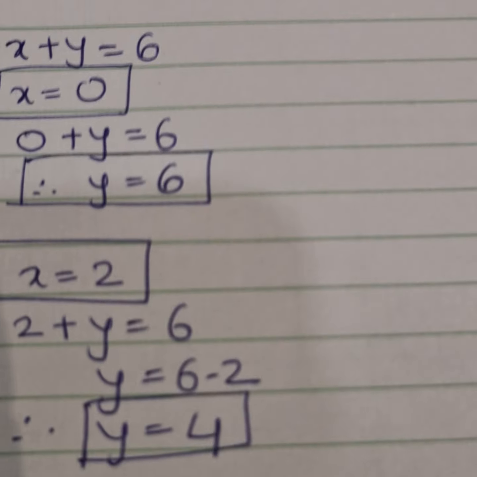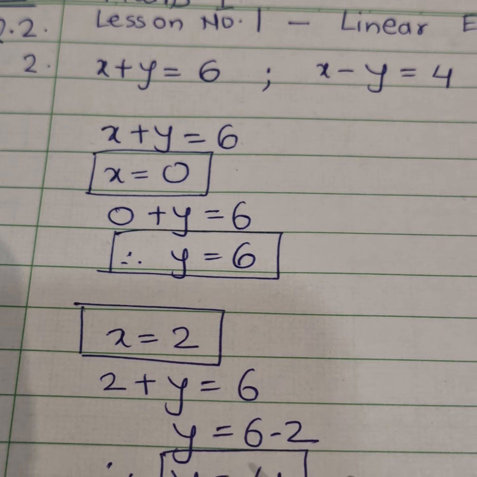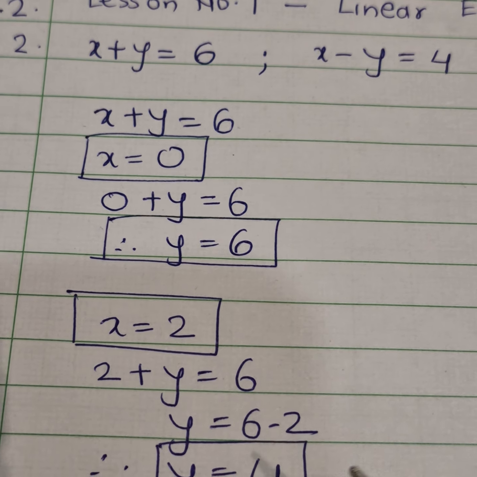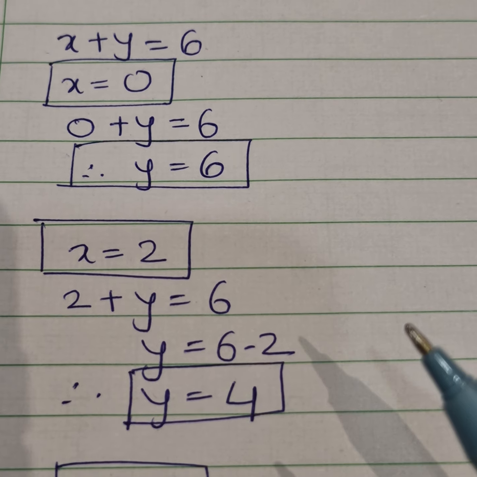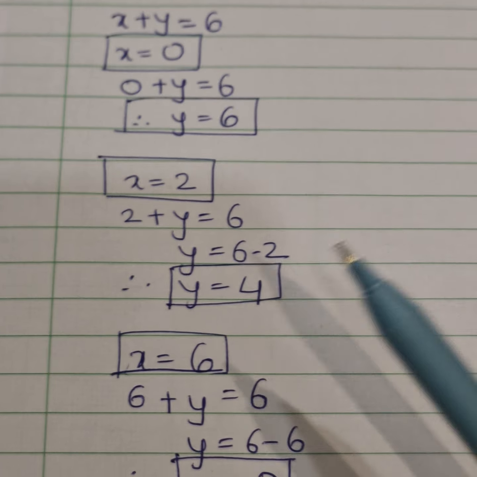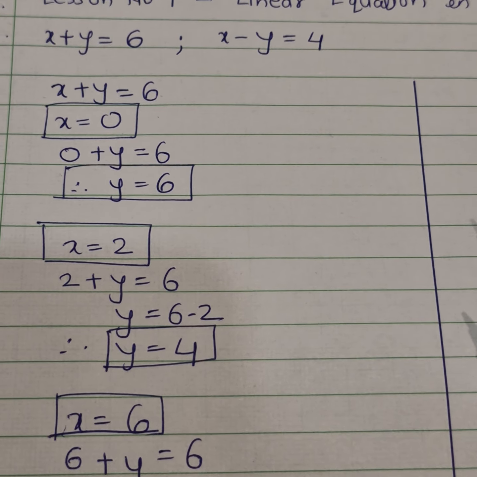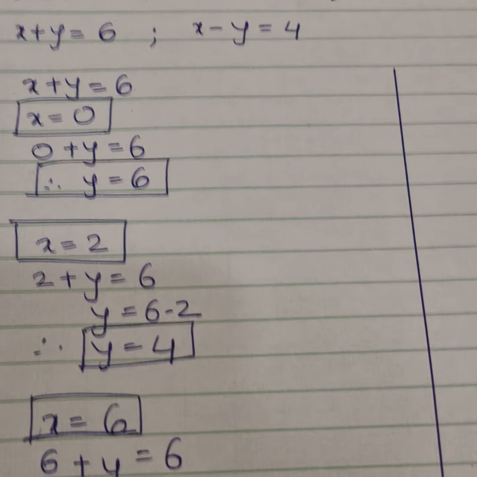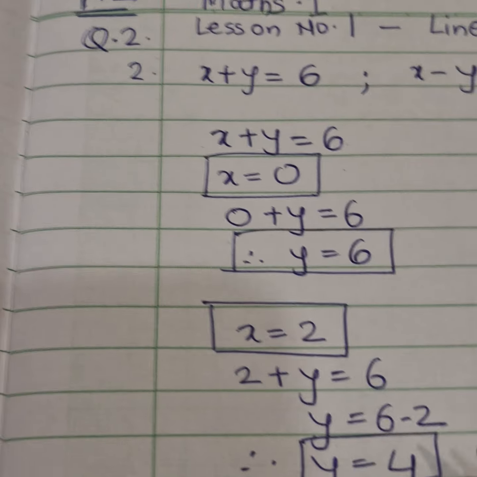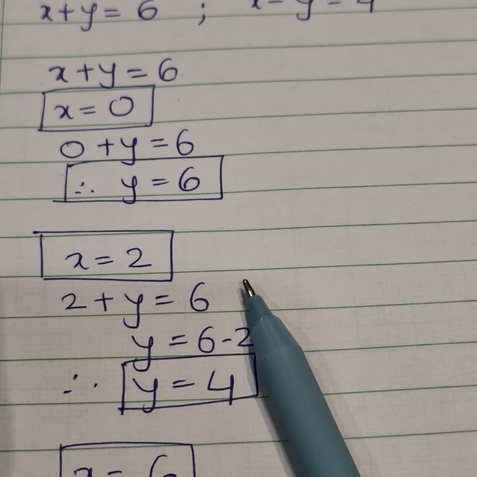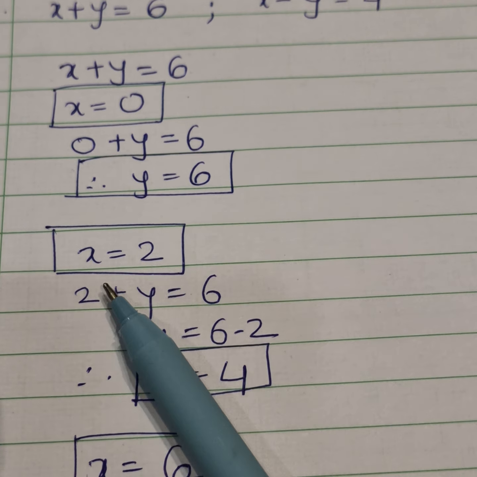So try to take minimal values. Mainly you should take the first value 0, another value 1, another value 2. So the equation values will come automatically easier and it will be easier for you to plot it on the graph.